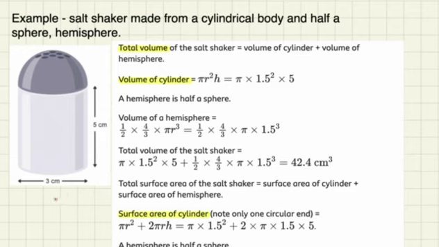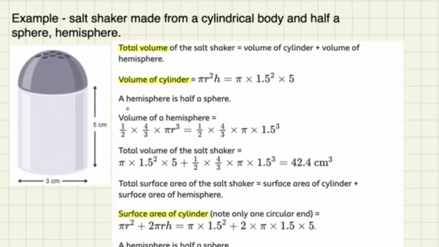Knowing the radius is half the diameter, the radius is from the middle out, diameter is from one side to the other, all we have to do is divide this by 2. And this is where the 1.5 comes from. So the radius squared multiplied by 5, which is the height or the length of this cylinder. So that's the volume of the cylinder.